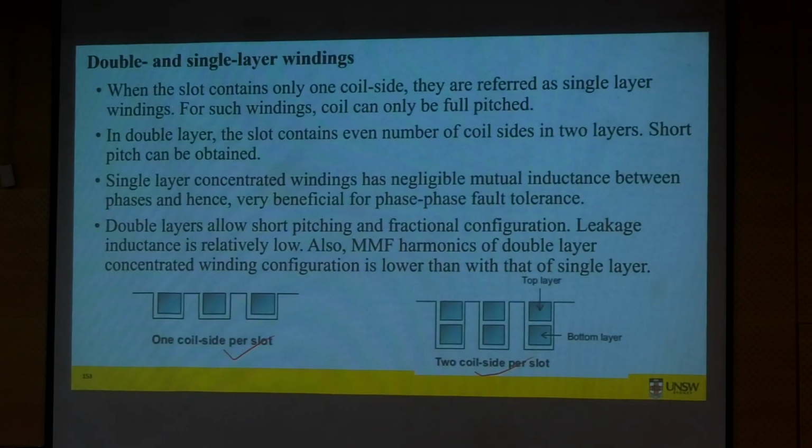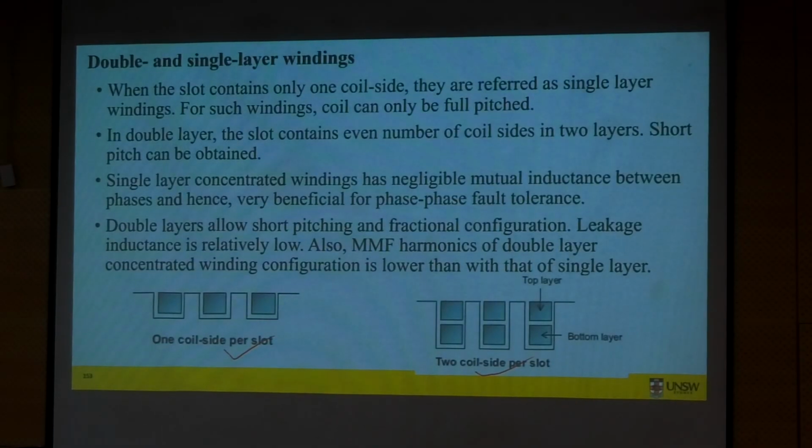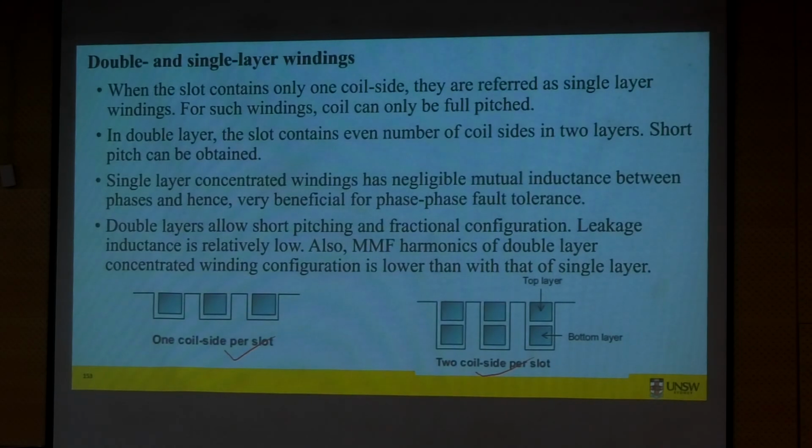So your fault tolerance is much better. If your application is about fault tolerance, then you want to use concentrated winding, and you should use single layer.